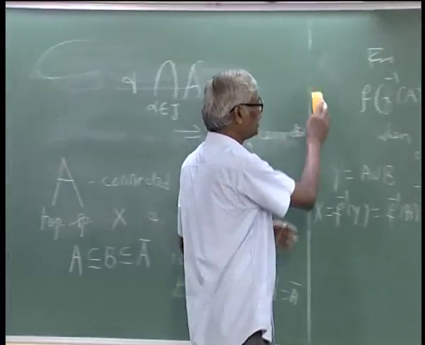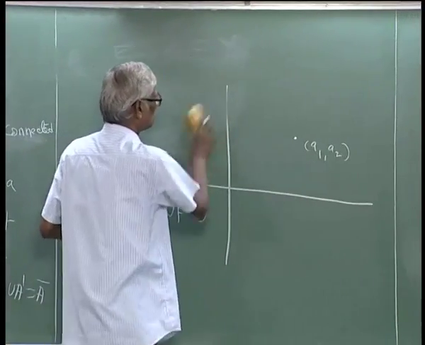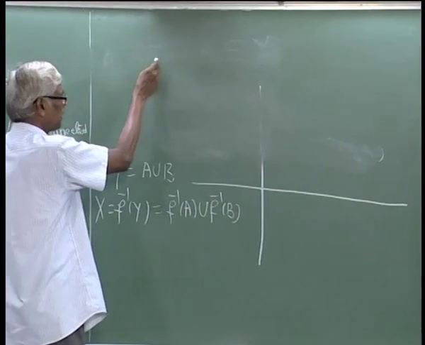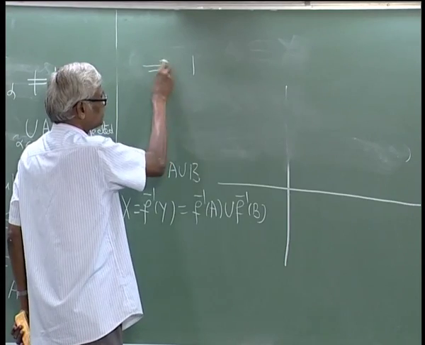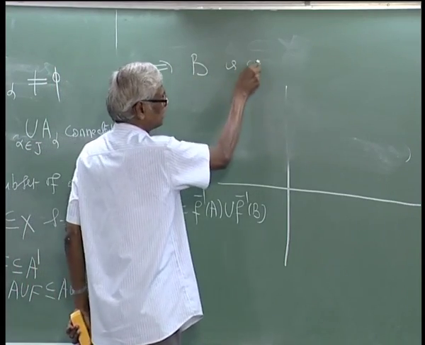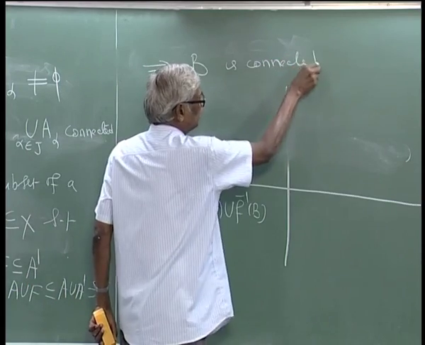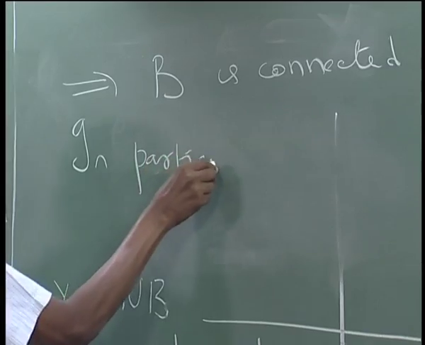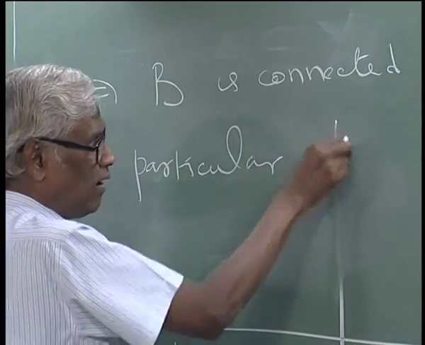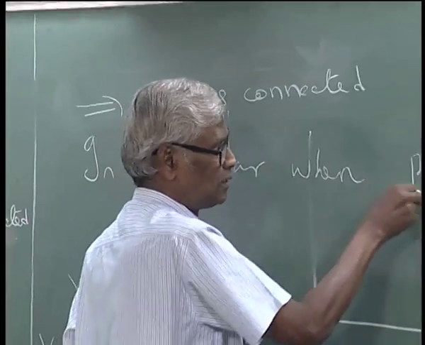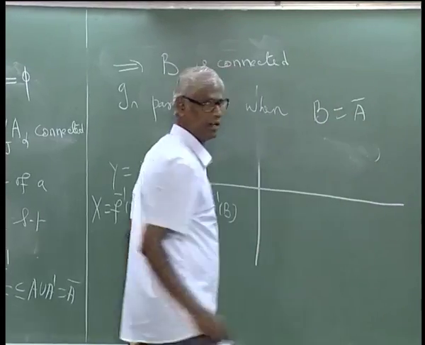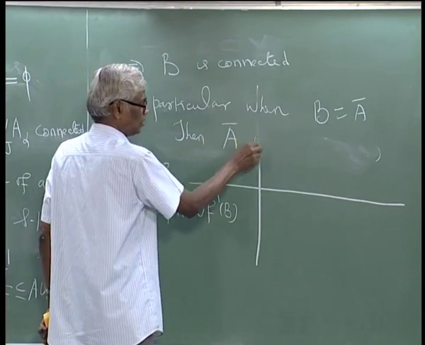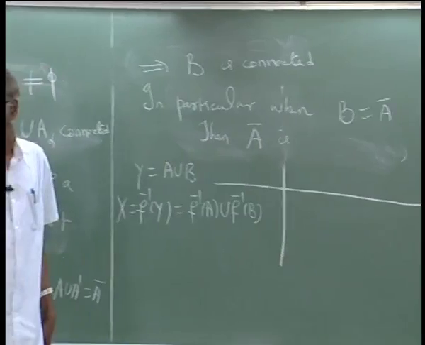So A connected subset of a topological space implies B is connected. In particular, when the set B equals A closure, then A closure is connected, that is, the closure of a connected set is connected.